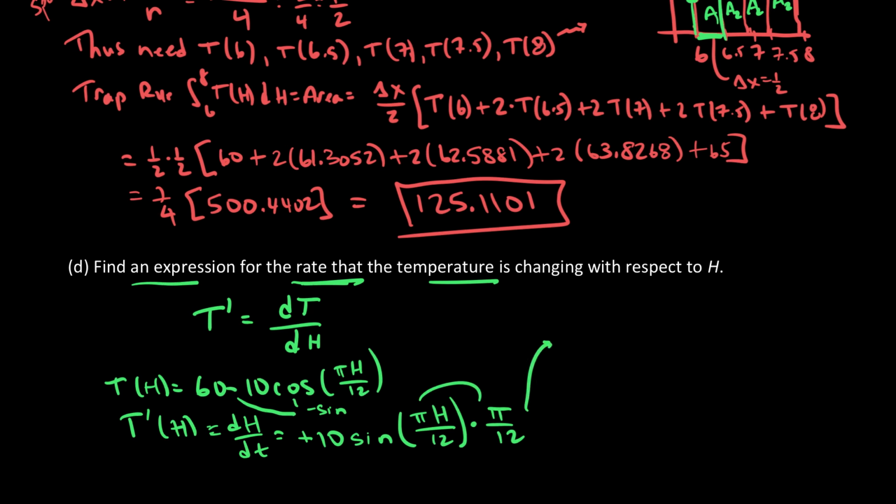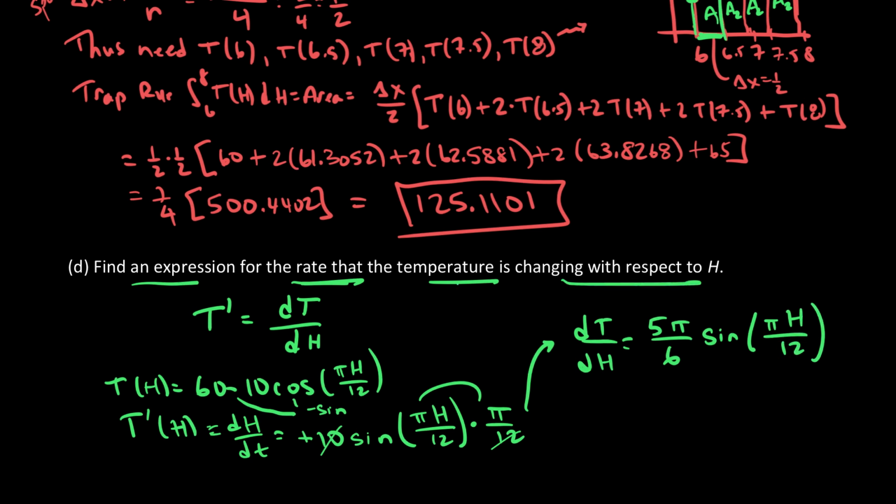Now cleaning this up, I will get dT dh equaling 5 pi over 6, because the 12 and the 10 will reduce, times the sine of pi h over 12, as my temperature changing with respect to h that they asked for.